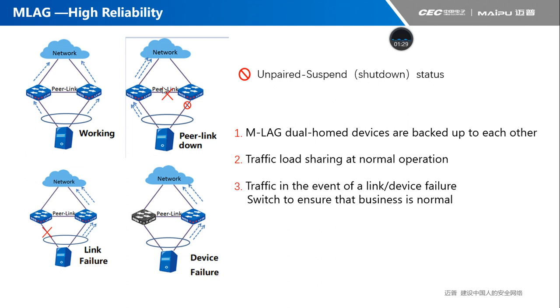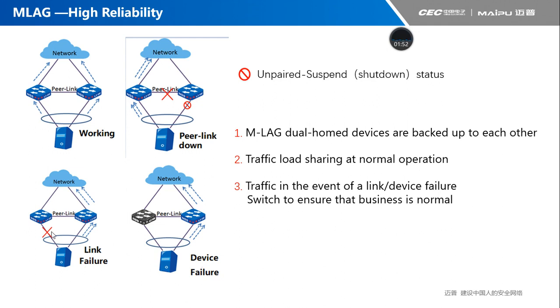In topology 2, if the peer link is down, to avoid a loop, the MLAG will shut down the other interfaces of the slave device, so the traffic will go to the primary device and on to the network.